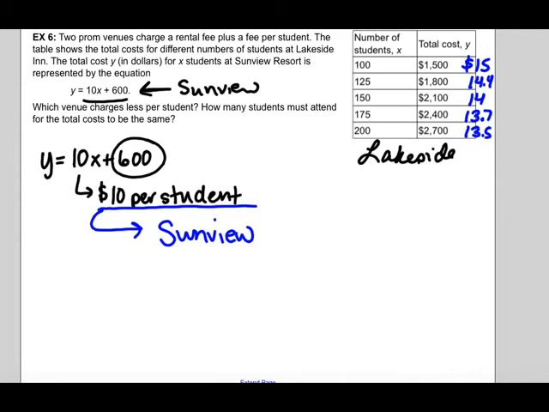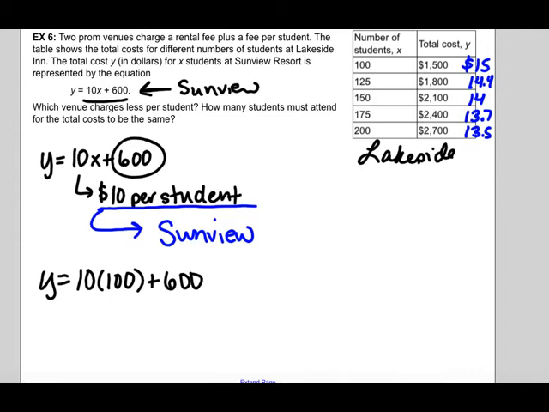Well, you have a couple options. You could plot them all and draw some lines and figure out where they connect. Or we can plug in some numbers. Okay, if I plug in 100, make a table if you want. Say I look at 100 students. Add 600 to it. Well, let's see.